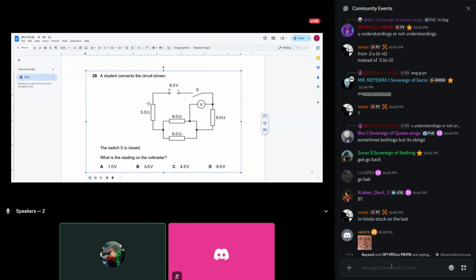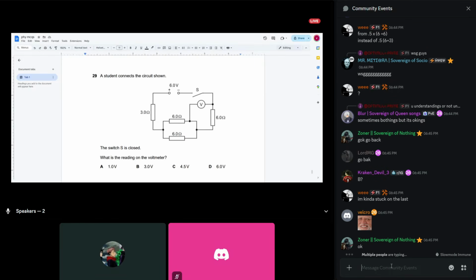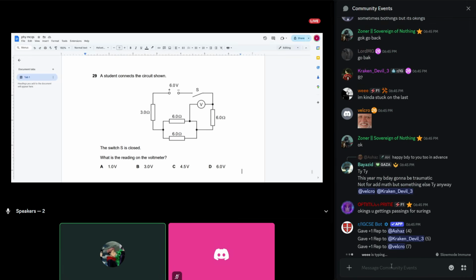Look, this is 3 ohms. This is also 3 ohms because 1 by 6 plus 1 by 6. So then use the potential difference formula: voltage into R1 by R1 plus R2, or in this case, into this one.